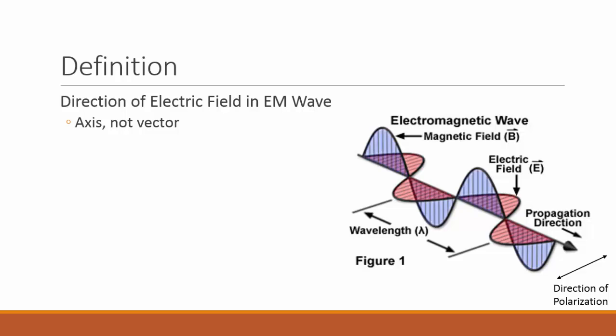Now, note that it's not really a vector. Because the electric field is right, and then it's left, and then it's right, and it switches back and forth, that direction we want to describe is left-right, not left or right. Okay? We want an axis, just like you have a vertical axis and a horizontal axis on a plot. And the vertical and horizontal axes aren't up or down, they're up and down.